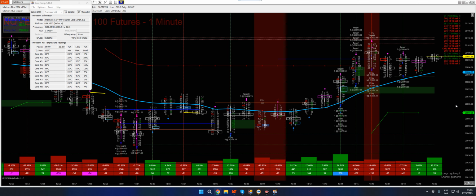ES is very slow at the end of the day. So the NASDAQ moves better, is quicker, and you can get the profit targets a little bit quicker.